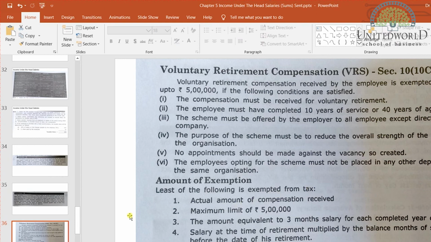Now the important aspect is written here in the form of a note: salary for this purpose includes the basic salary.